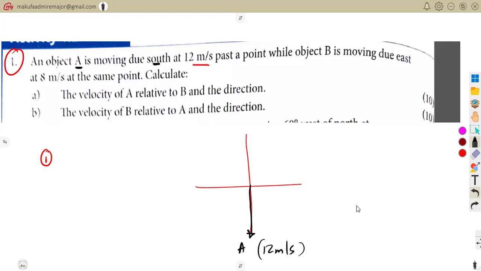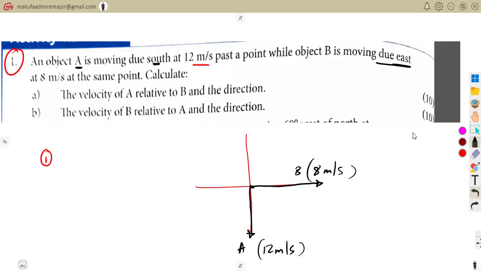We know when it is south, it's going to be negative. Then B is due east, meaning directed to the east, in the east line, going there. That is where our B is, at 8 meters per second, directed to the east.